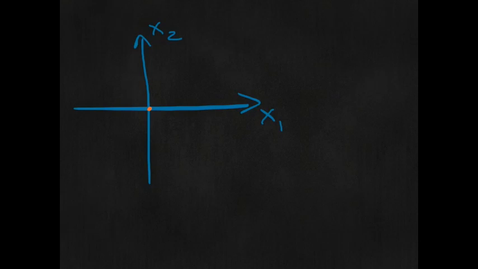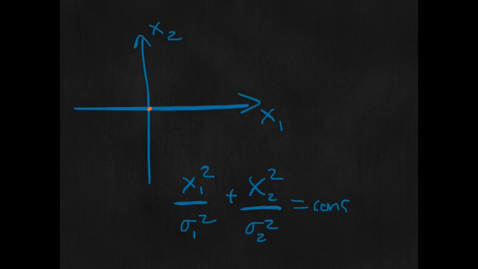And as we march down in values of constant likelihood, that's values of constant exponent, which means that's where x1 squared over sigma 1 squared plus x2 squared over sigma 2 squared equals some constant. That is the equation for an ellipse.